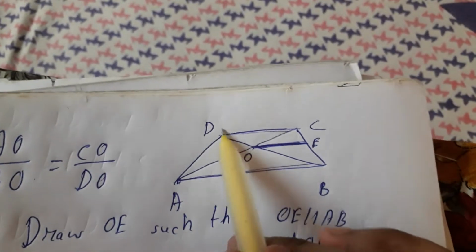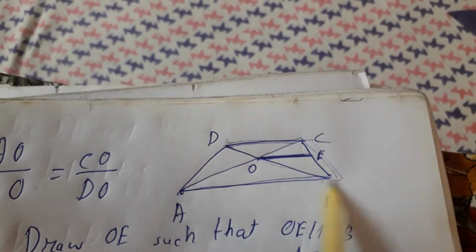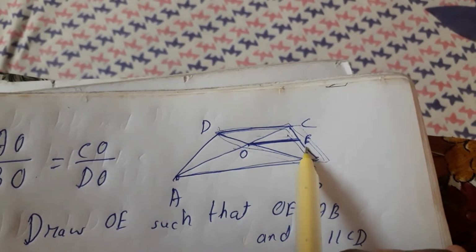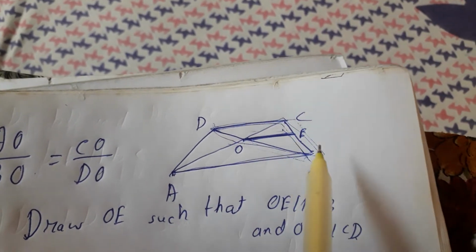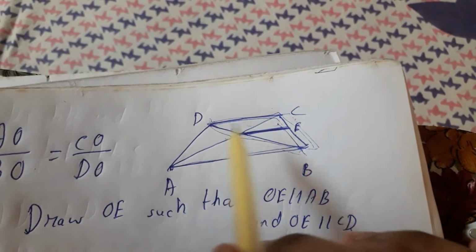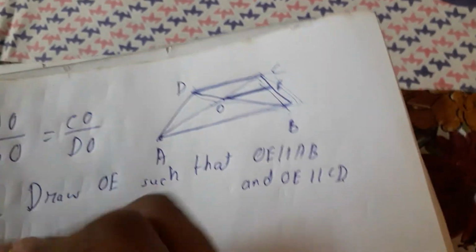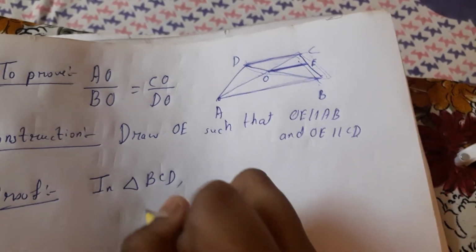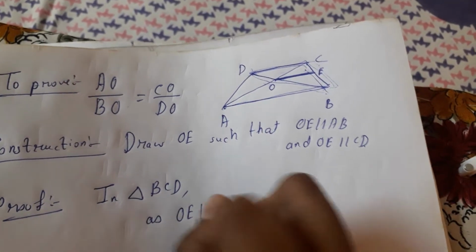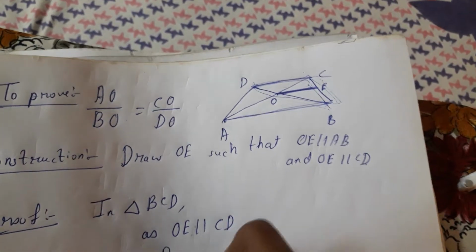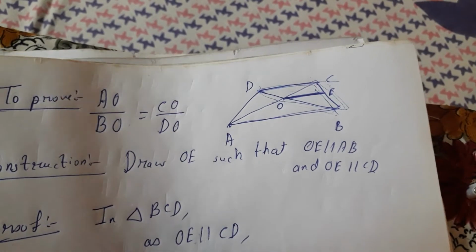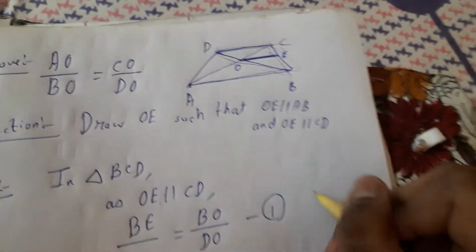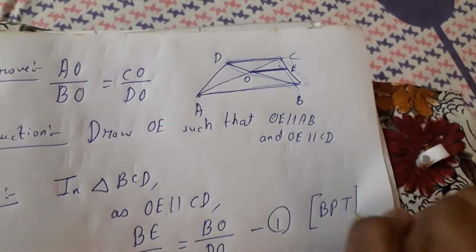Now see, in triangle BCD, as OE is parallel to CD, so we can say from BPT, BE by EC is equals to OB by OD. It is equation number 1 from BPT.